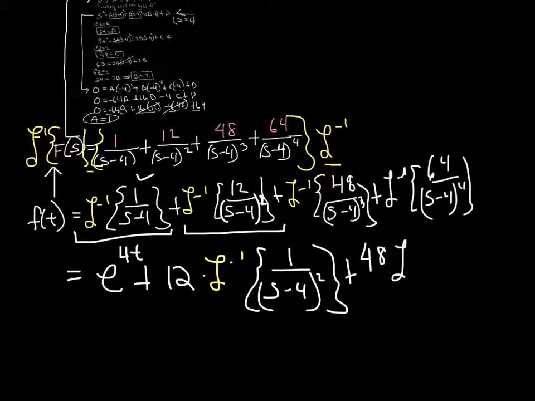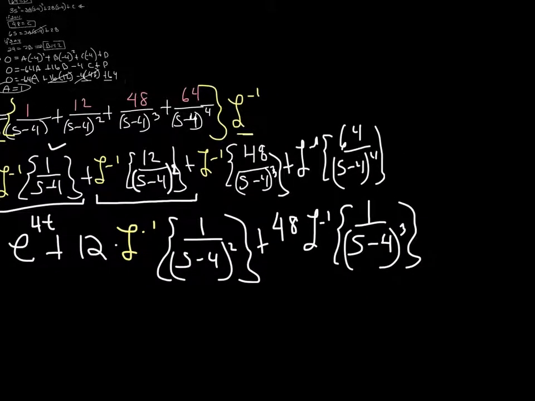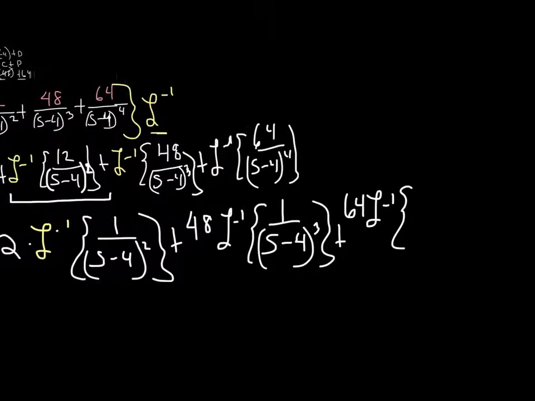So: Laplace inverse of 1 over s minus 4 cubed, plus 64, I'm taking out the 64, Laplace inverse of 1 over s minus 4 to the 4th.